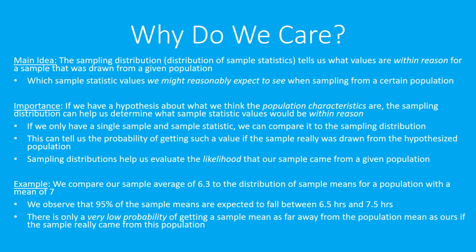And so this might be an example of how we could determine that there's only a very low probability of getting a sample mean or sample average that's as far away from the population mean as ours if our sample really came from this population. So I'll say that again, right?